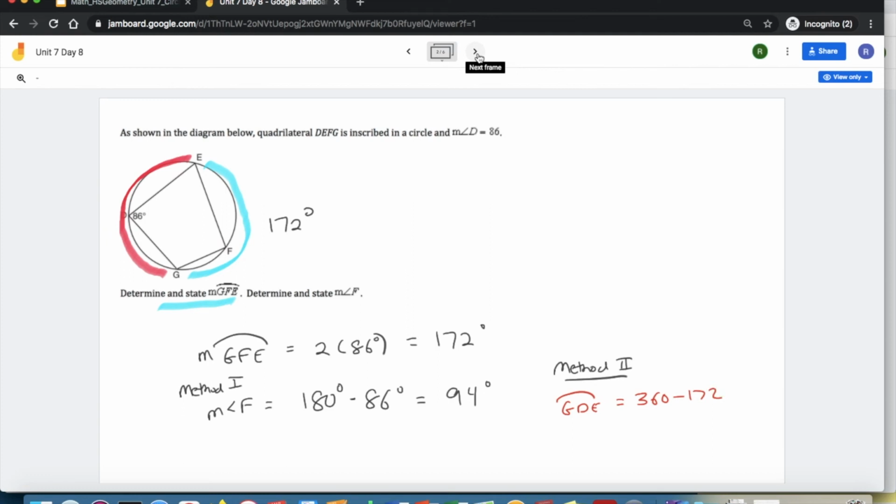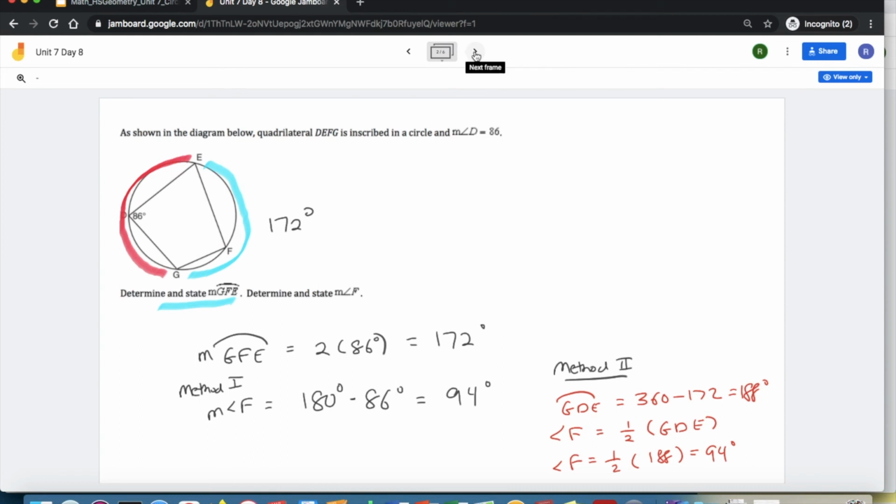If I do 360 minus 172, I get 188 degrees. Why is this helpful to us? Because angle F is an inscribed angle, and angle F is going to be 1/2 the arc it intercepts, which in this case is our red arc GDE. So angle F would be 1/2 of 188, which is equal to 94 degrees. So those are the two ways to find angle F.